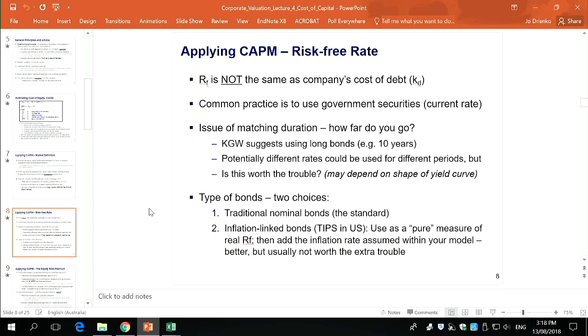Wouldn't it be more sensible to use the risk-free rate matching the company's average debt period? For example, I have loans averaging about 6 years, so wouldn't it be more sensible to use the rate for 5 years or close to it? Excellent question.